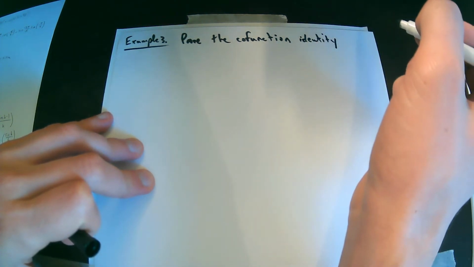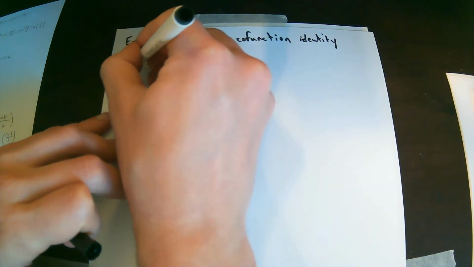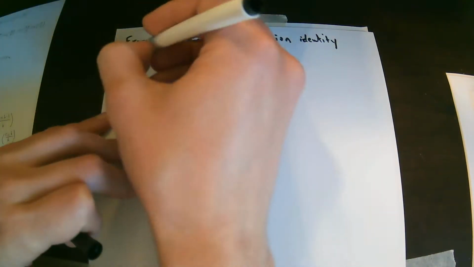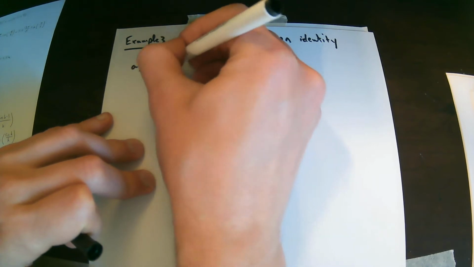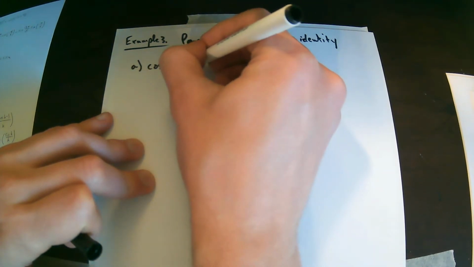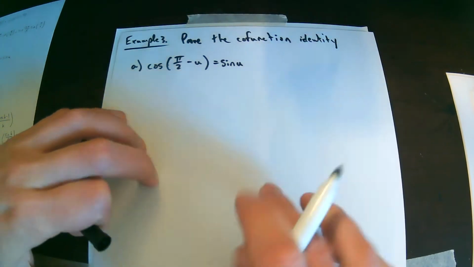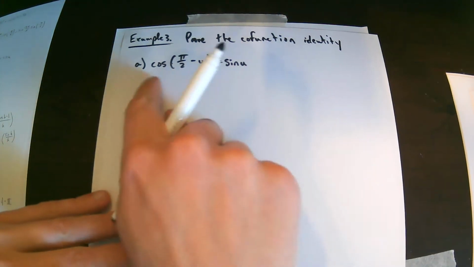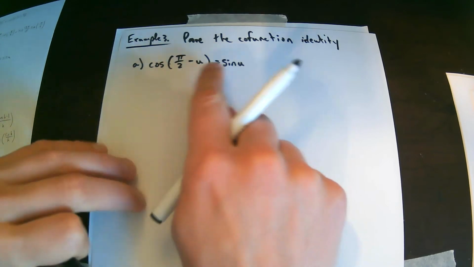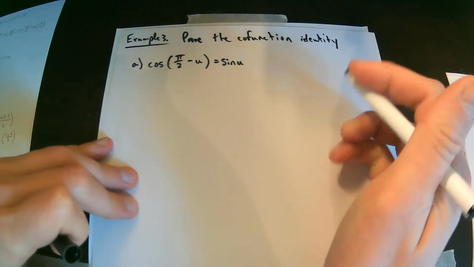Actually, we're going to do 2 of these. Prove the cofunction identity: cosine of pi over 2 minus u is equal to sine of u. This is basically saying that cosine and sine aren't really that different. One is just shifted. And you see that in the graphs too.